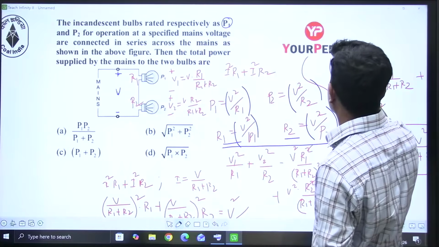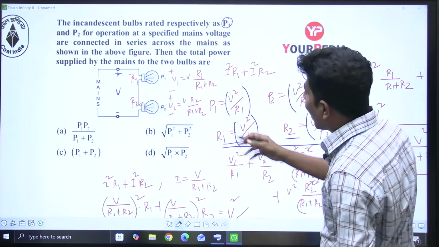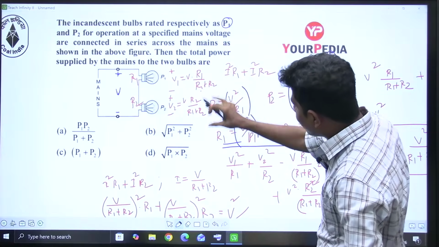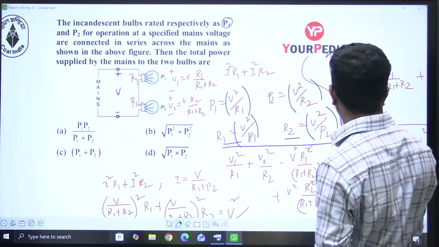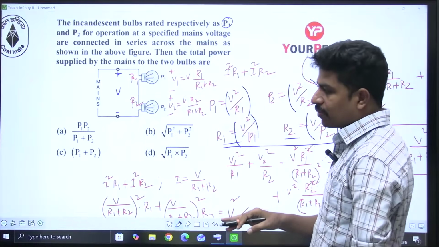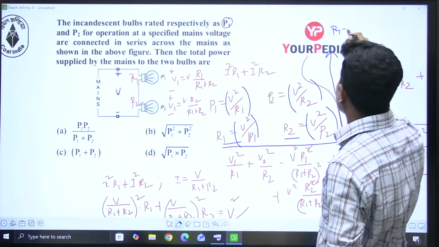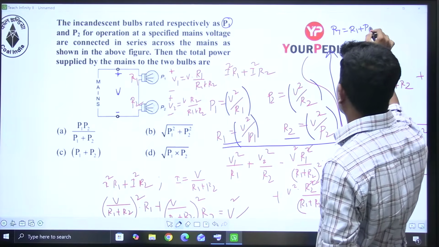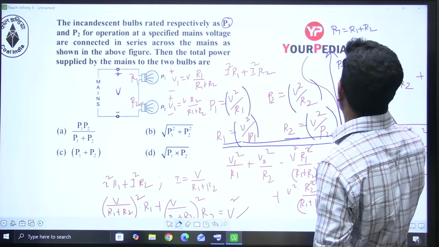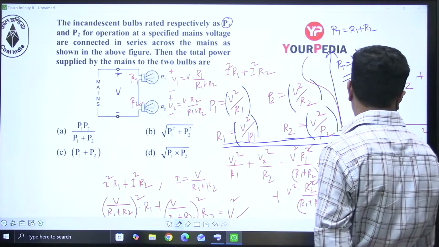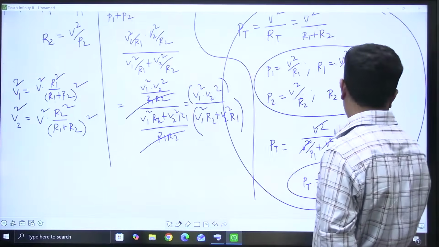Instead of continuing, we went in a different direction, taking extra variables like V1 and V2, voltage across R1 as V1 and across R2 as V2, due to which our equation got satisfied, V square equal to V square. Instead, very simply, total resistance RT is equal to R1 plus R2, and Pt is equal to V square by RT. If I did this, the answer is done. Anyhow, we got it. Observe this one, please.